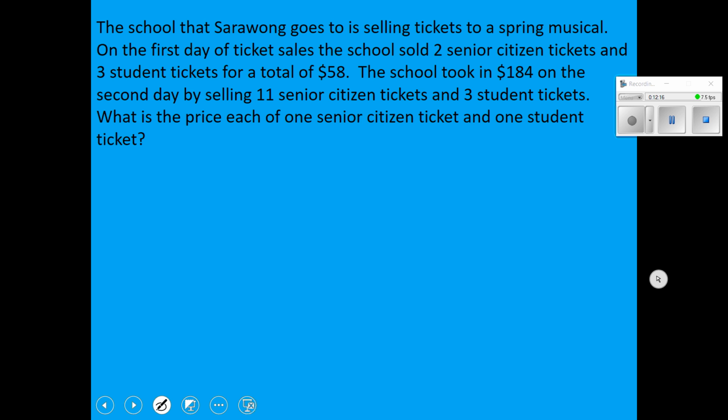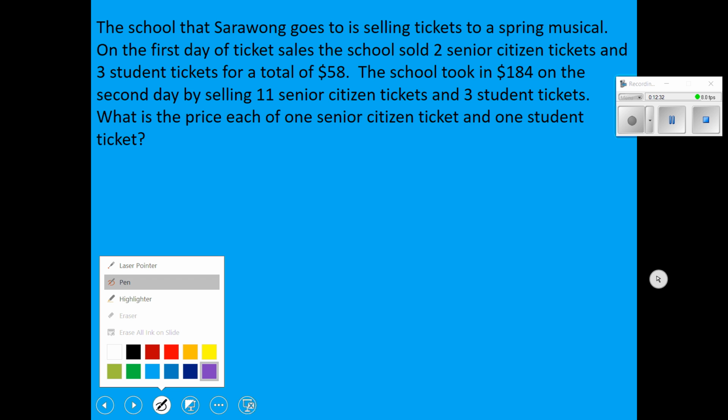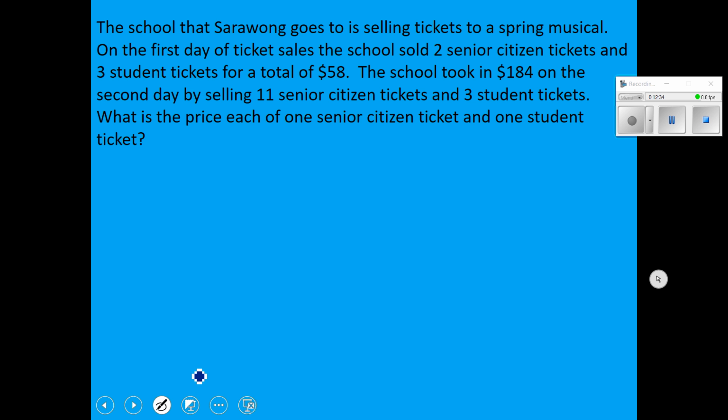So immediately, I know I'm setting up a system because I'm comparing 2 things. What 2 things are we comparing? I'm comparing senior citizen tickets and student tickets. So I need to pick out my variables. So I'm going to pick out X for senior citizen tickets and Y for student tickets.